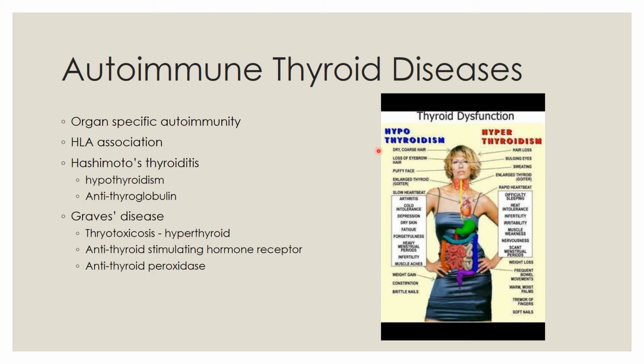Okay, so any level here. Dry, coarse hair, loss of eyebrow hair. Your hair actually falls out everywhere. Puffy face, enlarged thyroid, slow heartbeat, and you can see all these other things you guys all can read. Okay, these are all the symptoms that the patient might have from hypothyroidism.